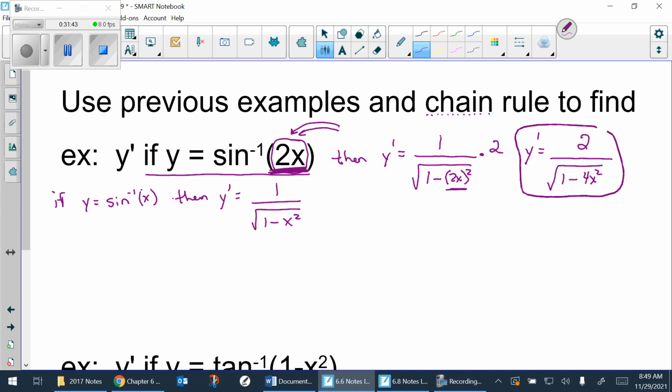But by knowing what the derivative of sine inverse is, I can now apply that, finding the derivative of the sine inverse of anything. You might say, why didn't you worry about multiplying by the derivative of what's inside? Well, the derivative of what's inside is just 1. So know what the derivative of sine inverse is.